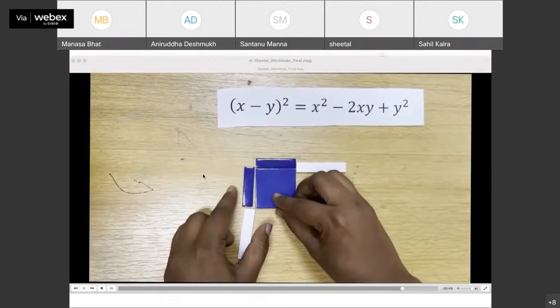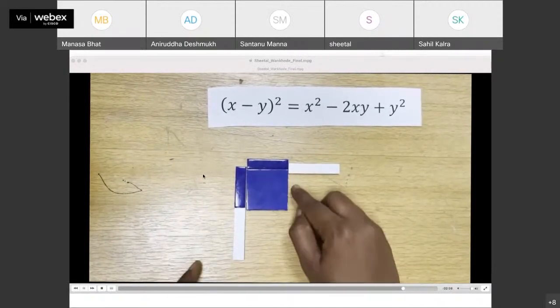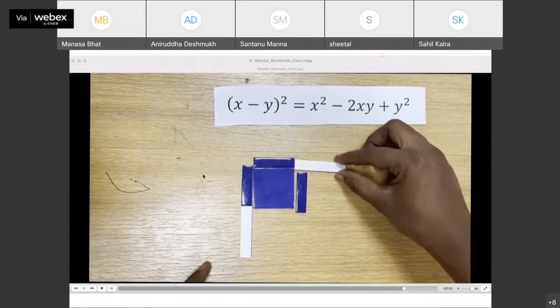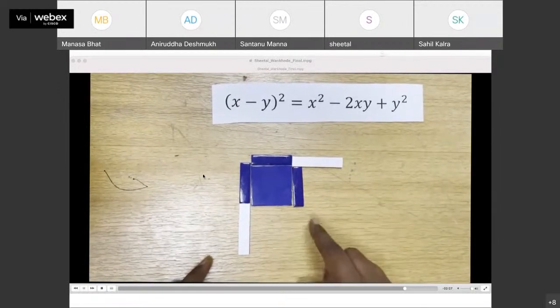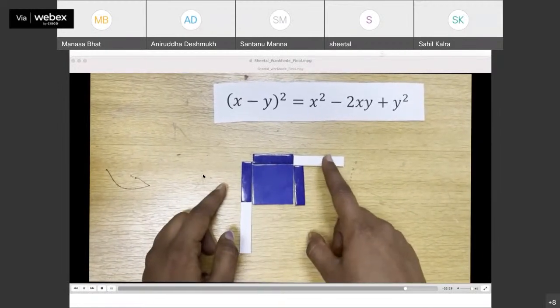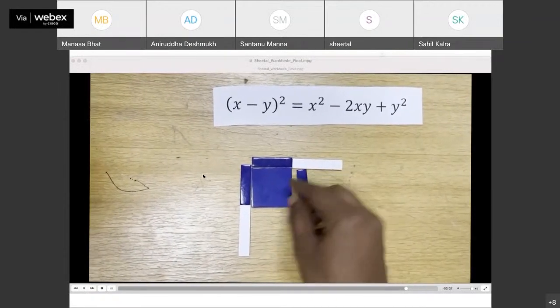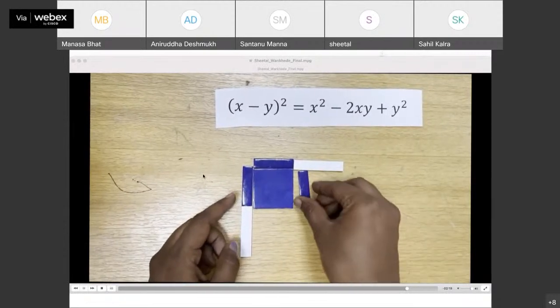Now again, we need to compute this area. But if you see, this one side is your x, but the other one you have minus y. And if you know the product rule, positive times negative always gives you negative. So instead of taking x into y, we have x into minus y, which is minus xy.